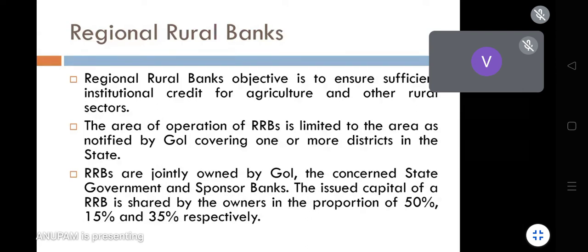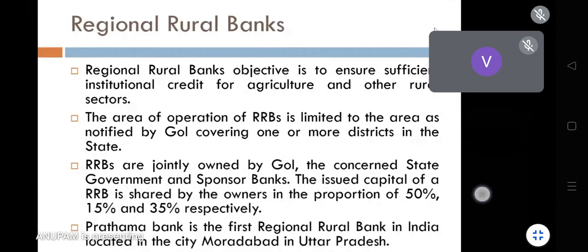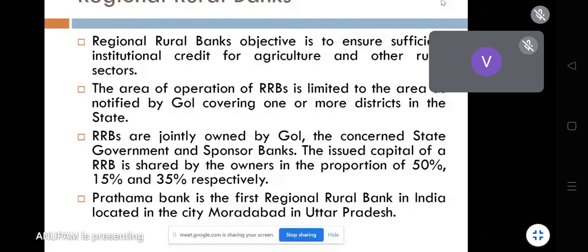So on your last sentence, all of you see carefully how the money will come for making the RRB. Suppose a new RRB is to be constructed, then who will pay how much money? So you see there, the RRB is jointly owned by the Government of India, the concerned state government and the sponsor bank.